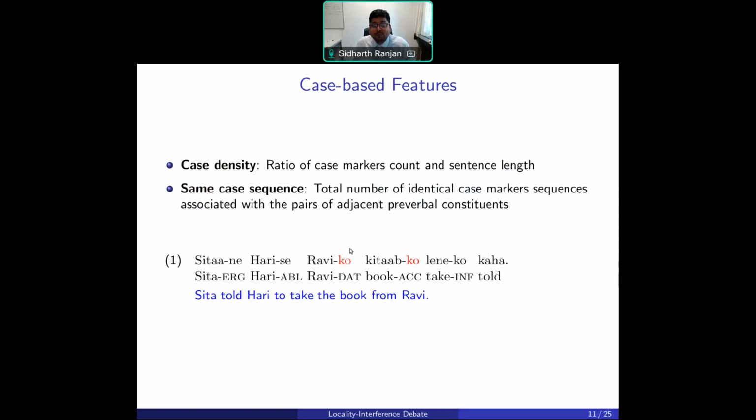If two preverbal constituents share identical case markers, that may cause potential confusion when they are retrieved at the integration site, in this case the verb kaha. So we count the number of identical case marker sequences associated with pairs of adjacent preverbal constituents.